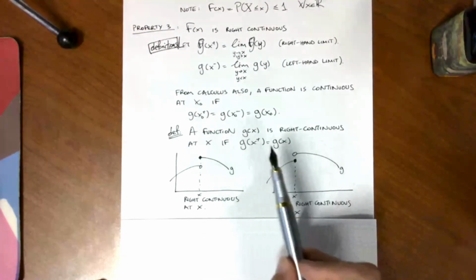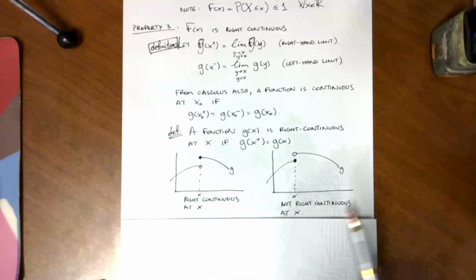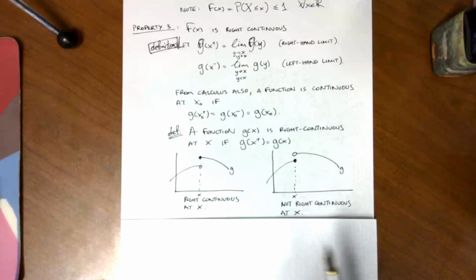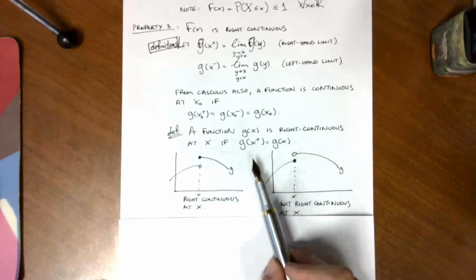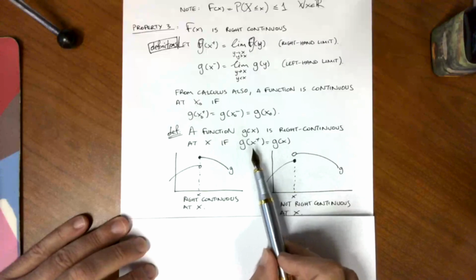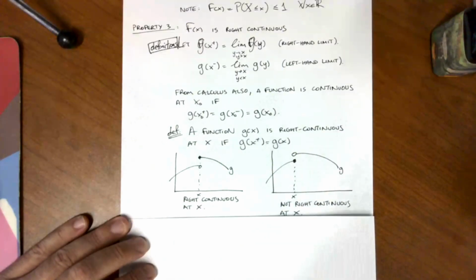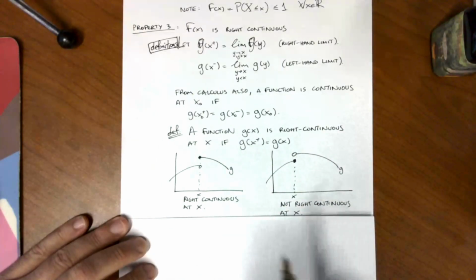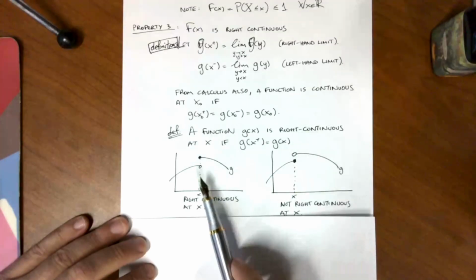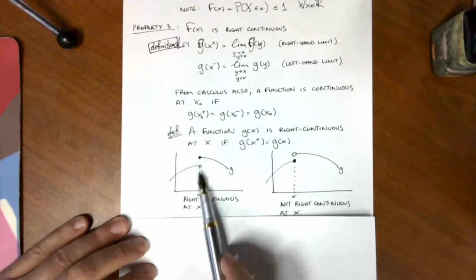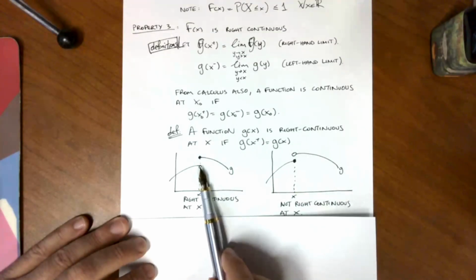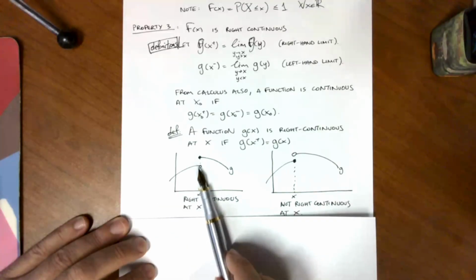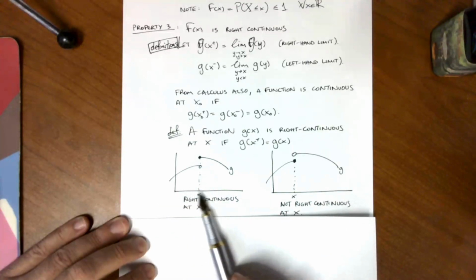So a function g of x formally is right continuous, which is the property of the CDF at that particular x value, if g of x plus is equal to g of x. Visually, you're trying to figure out at a particular value of x whether the point is open or closed as you're approaching x from smaller values.